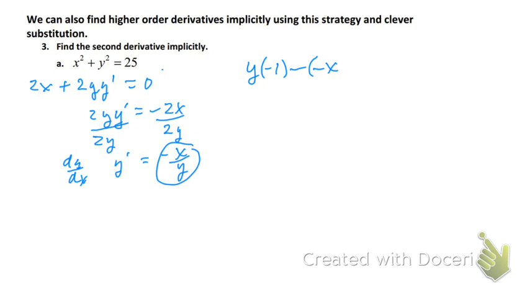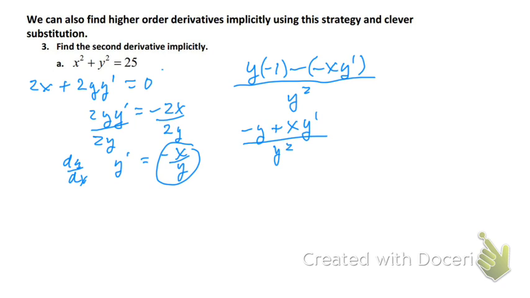And that'll just be y prime over y squared. Okay. So I've got negative y plus x y prime over y squared.